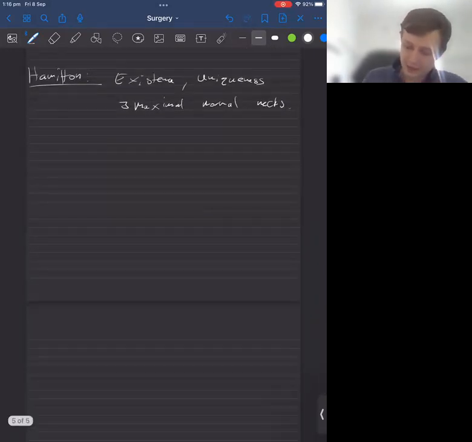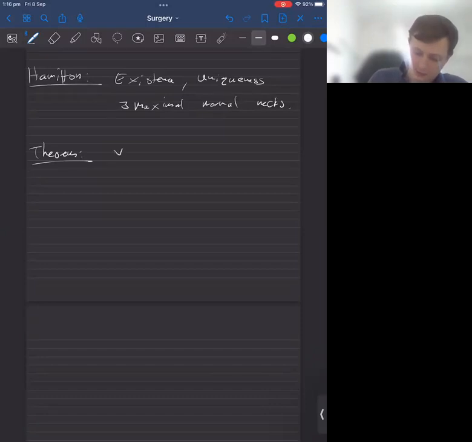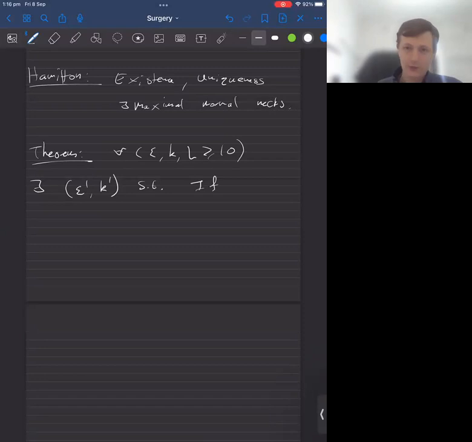And so the main theorem to keep in mind is that if you take epsilon, k, and L big enough, say greater than or equal to 10, then you can find these other epsilons and k's such that, so now we go back to wanting to detect one of these normal parameterization necks from a curvature neck.